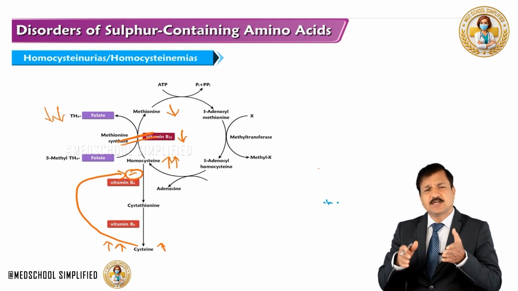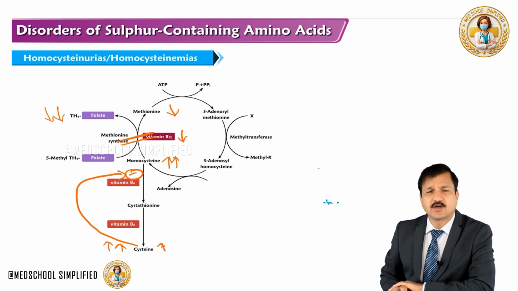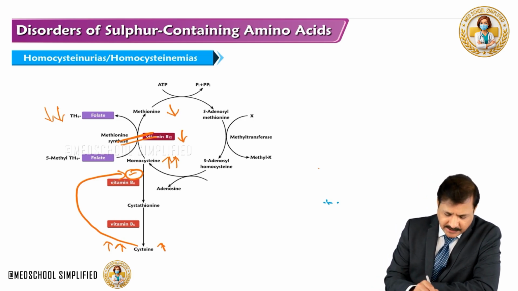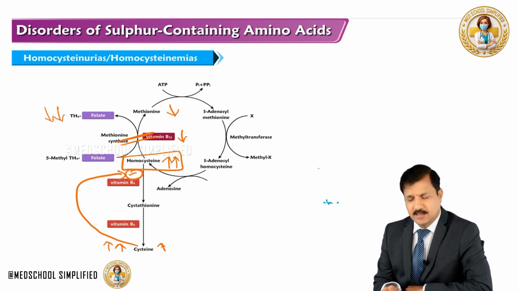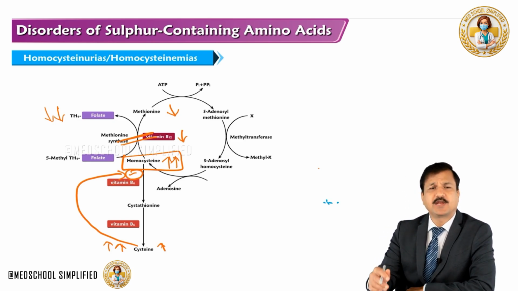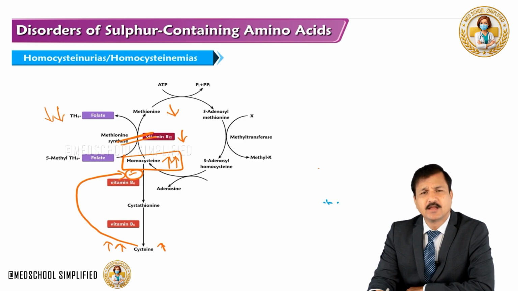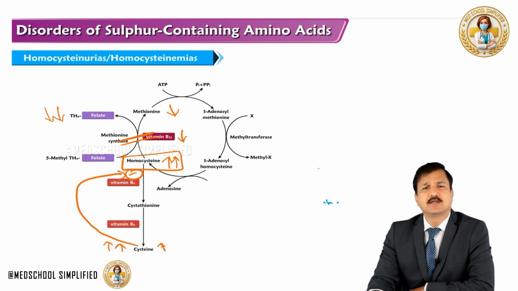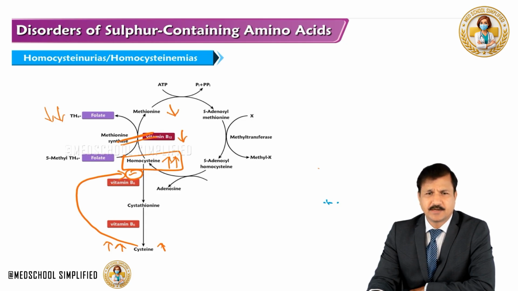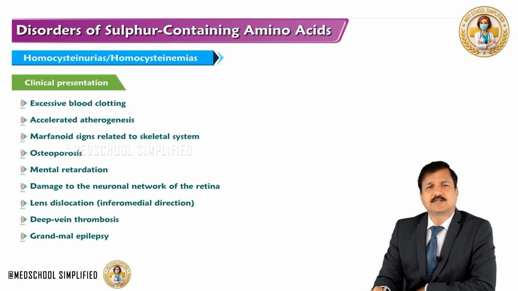So excess cysteine will have a negative effect on the enzyme, and that eventually leads to buildup of homocysteine. That's why in type 2 and type 3 homocystinuria, there will be an increase in homocysteine. In fact, there will be either normal or decreased methionine levels. Remember that. What are the clinical presentations of homocystinemias?